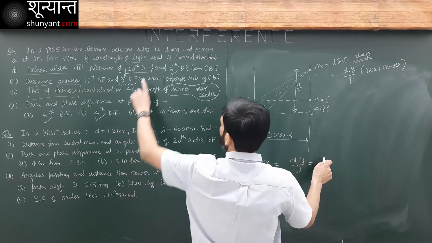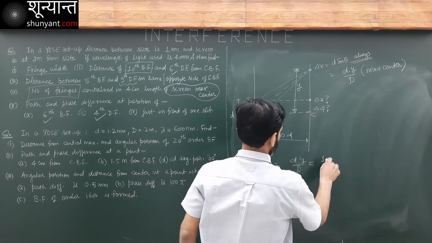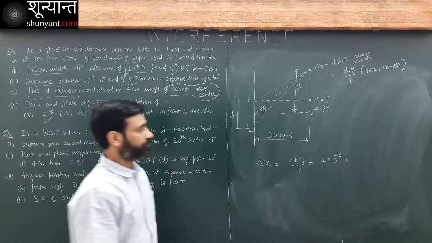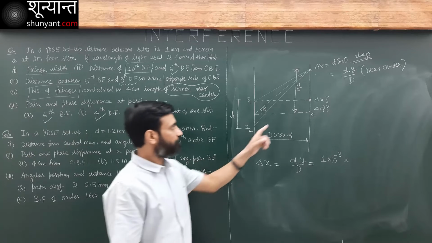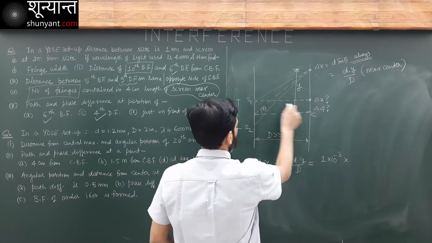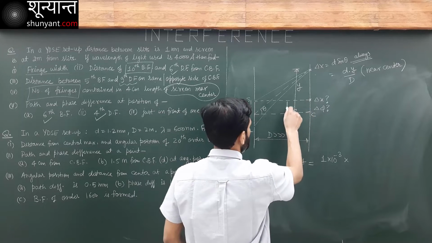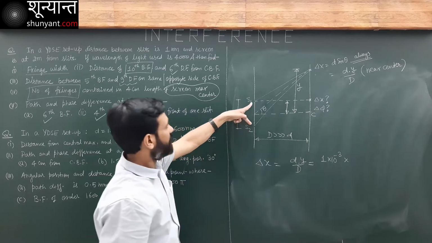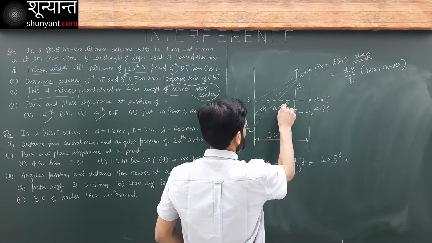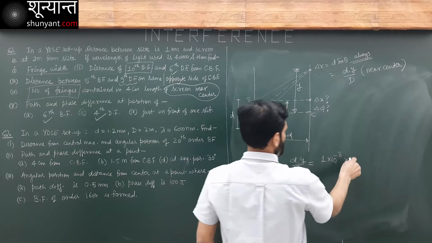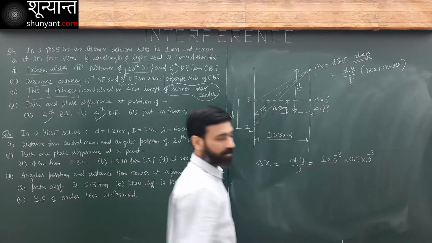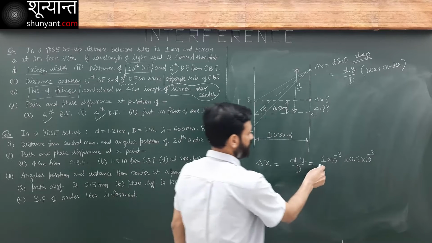What is d? It is given as 1 millimeter, so 1 into 10 power minus 3 into y. What is y? This whole thing, from here to here, is 1 millimeter. So half of that, 0.5 millimeter. So 10 power minus 3 becomes meter divided by 2.